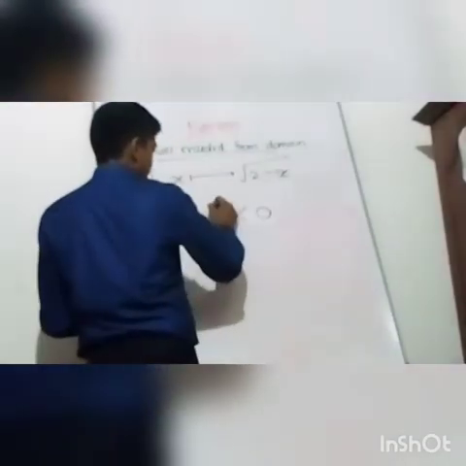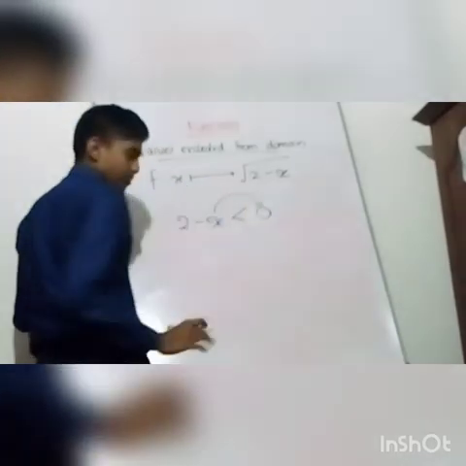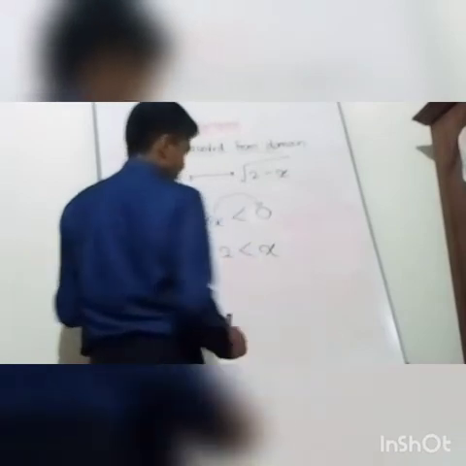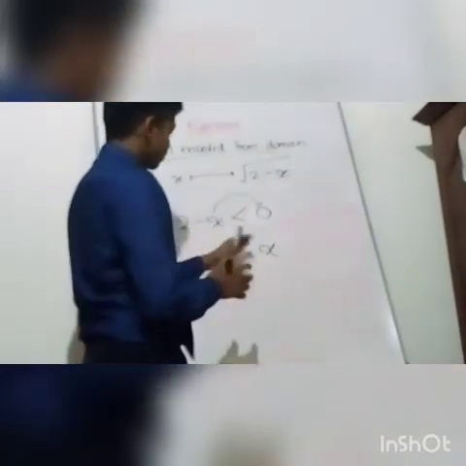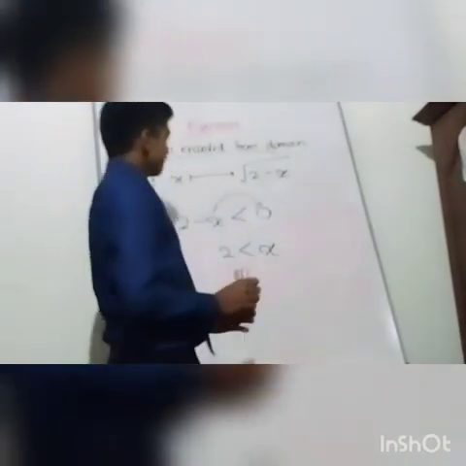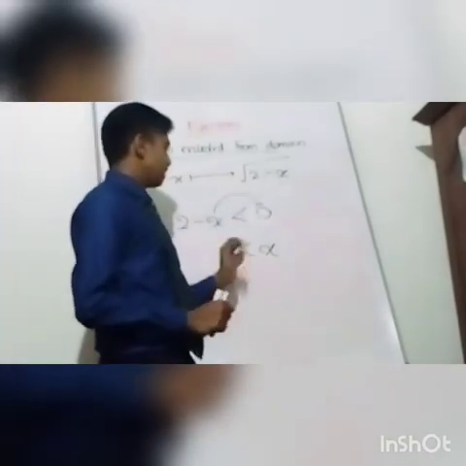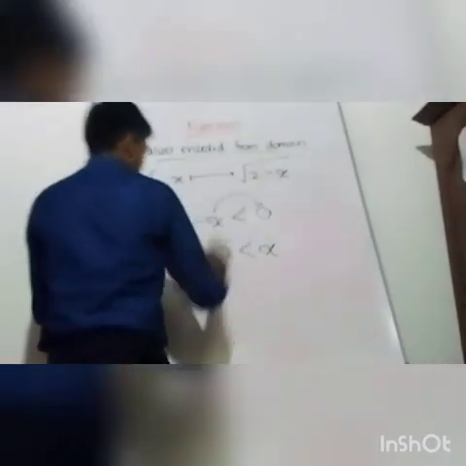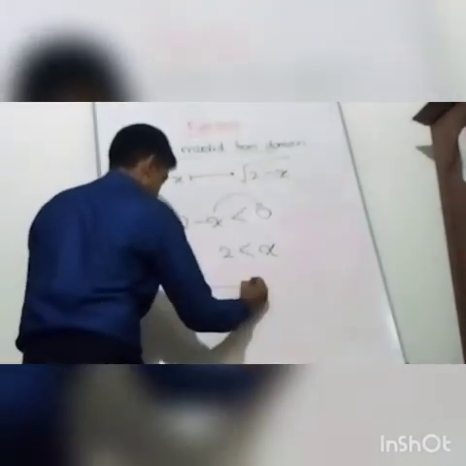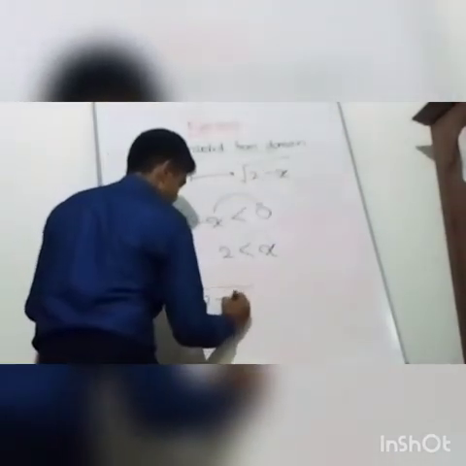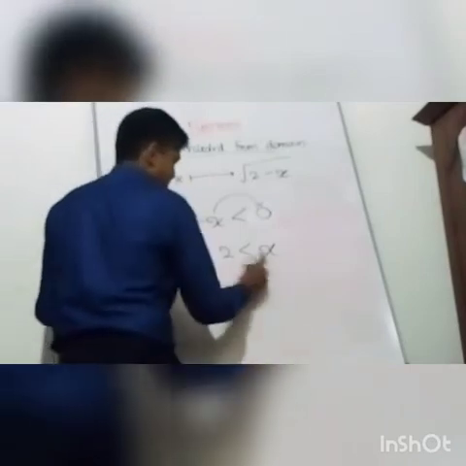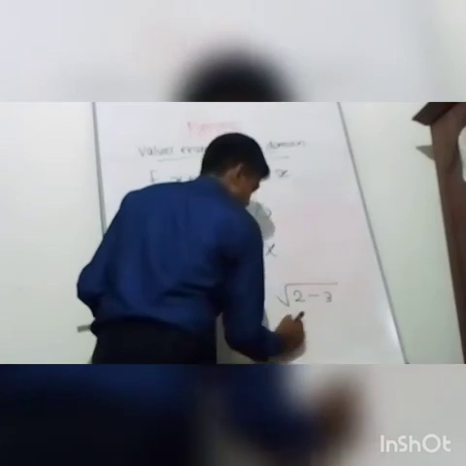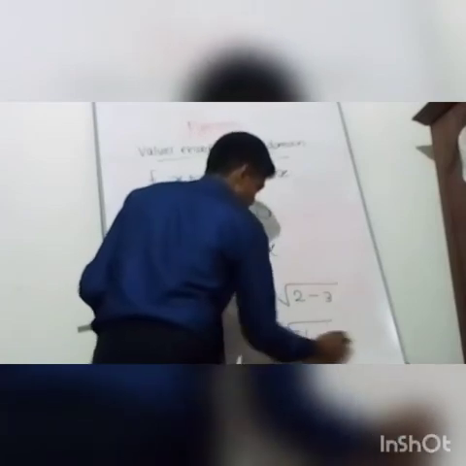Then I'll take this x this side to make this x positive. Then it will be 2 is smaller than x. Then x must be a value bigger than 2. So if I take a value bigger than 2, if we take 3, then I'll write 2 minus x, and our value, we took 3, then 2 minus 3, we will get minus 1.